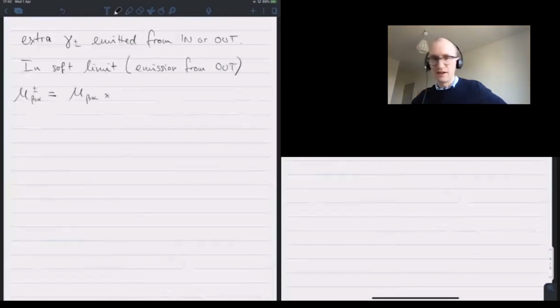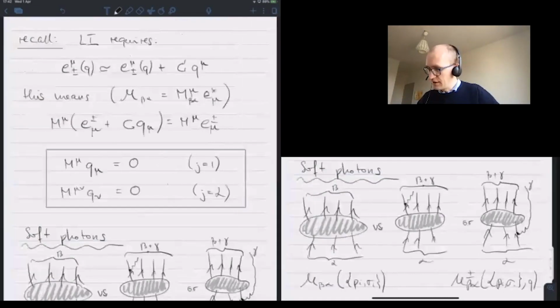But what we need to add is one more propagator, because we are now looking at this kind of process. To get these S matrix elements or amplitudes, we of course consider amputated diagrams, meaning we don't have propagators for the in and outgoing particles.